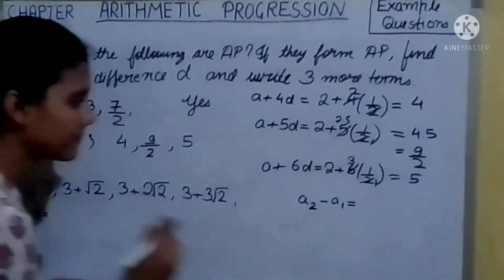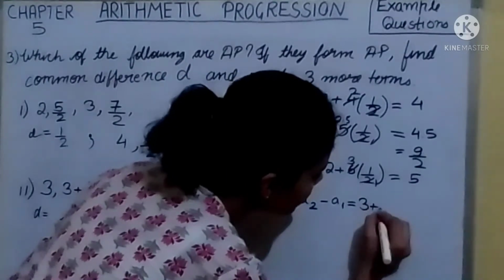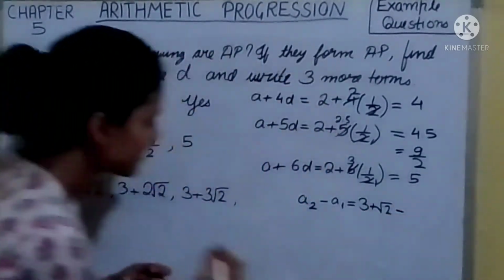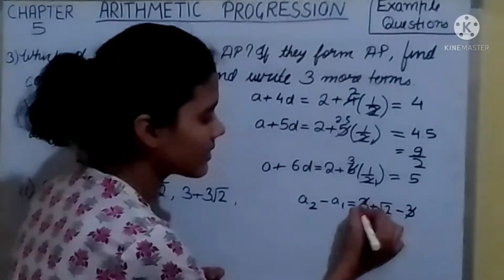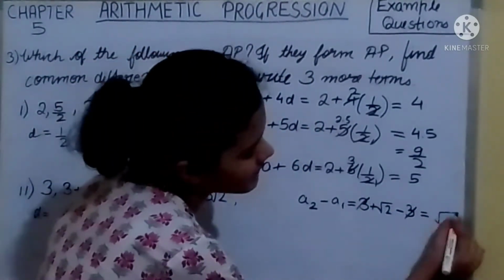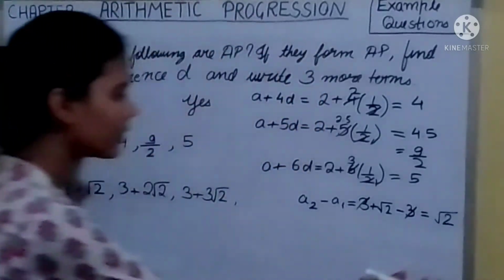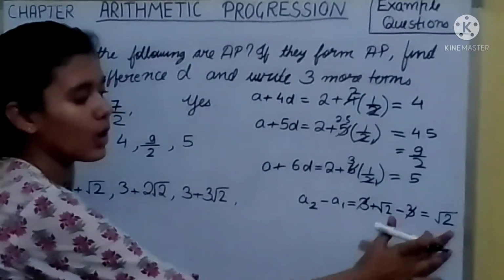What is a2? 3 plus root 2. 3 plus root 2 minus a1 is 3. So 3 minus 3 is equals to 0. So what common difference we have got? Root 2.